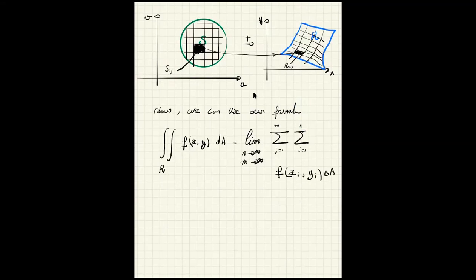This is exactly what we're doing here. We're taking the area of these rectangles and multiplying by the, you remember we had a star here. But here we're just picking some x_i to be the corner, the bottom left corner. This is the point (x_i, y_j). Remember that we had the freedom to choose the sample points inside the rectangle to be the center or the left corner or the upper left corner, whatever we want.